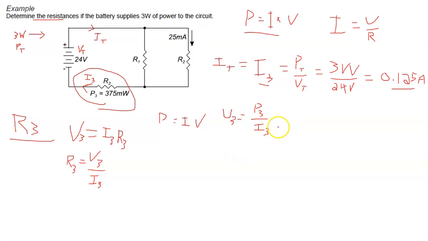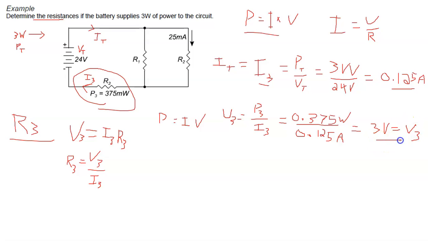And for that then, we have 375 milliwatts, 0.375 watts, divided by 0.125 amps. And so only a small portion of the voltage really is dropped across R3. In any event, we work that out now, you will find that that is 3 volts equals V3.